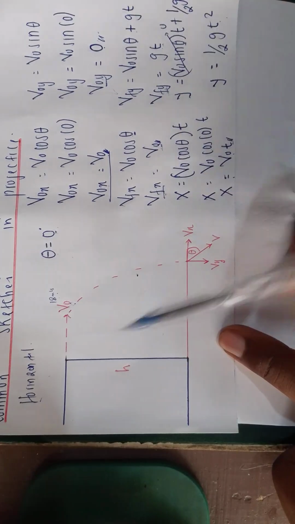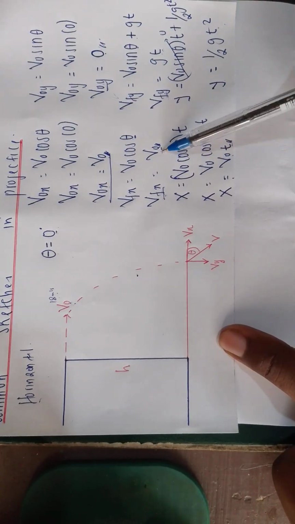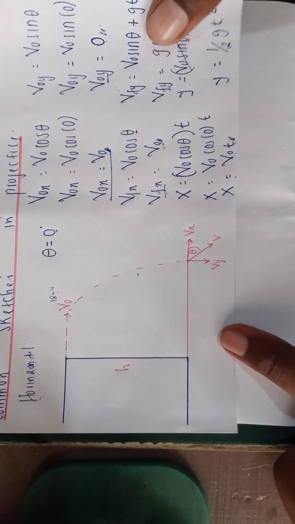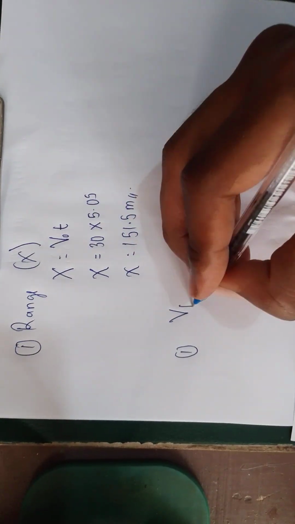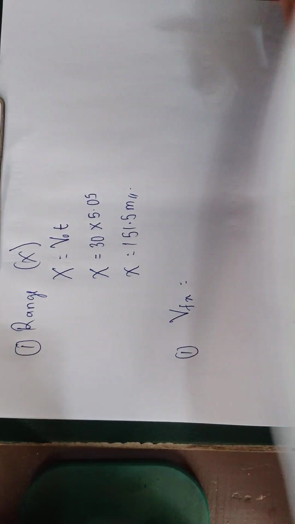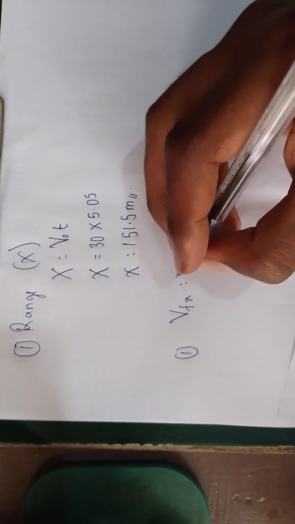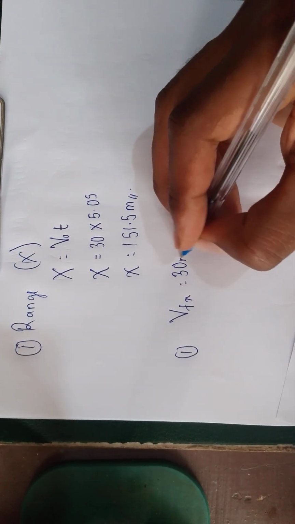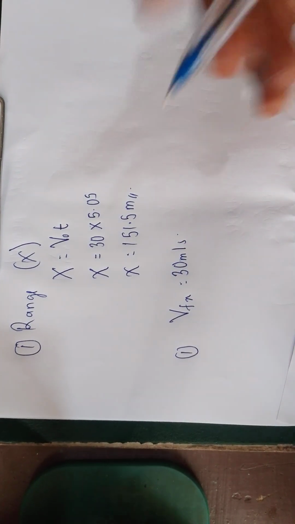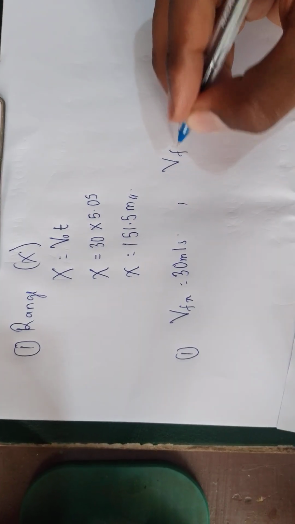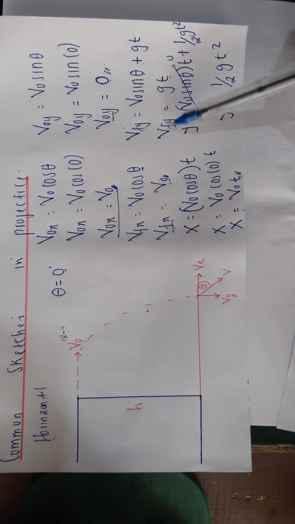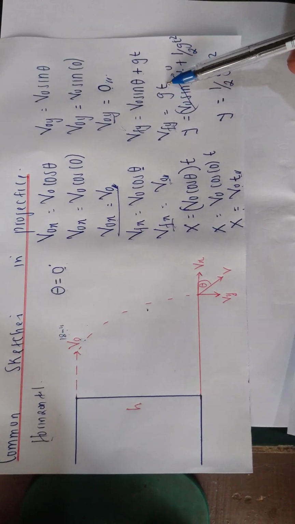We say the final in the x for horizontal projectile motion is equal to the initial velocity. So therefore you say the final velocity in the x is going to be equal to the initial velocity, which is 30 meters per second. So the final velocity in the x is going to be 30 meters per second. And how do you find the final velocity in the y? We said when you go back to your sketch which is here, the final velocity in the y is g multiplied by the time of flight.